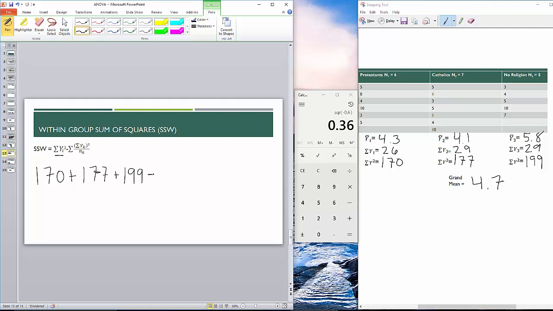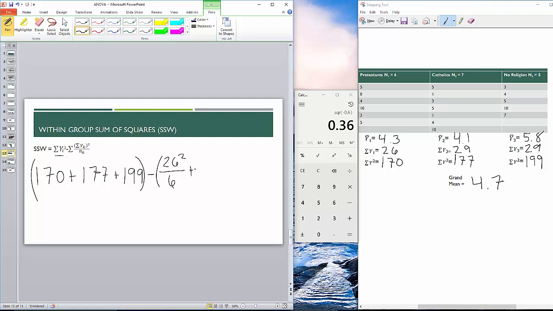We're going to subtract that by a formula we're going to perform a total of 3 times. And so that's going to look like this. We have a sum of y of 26 for the first group, and we're going to square that, then divide that by the sample size of the first group, which in this case is 6.